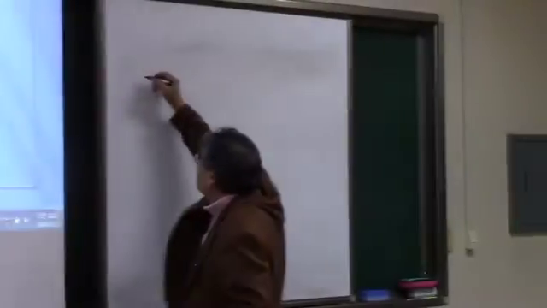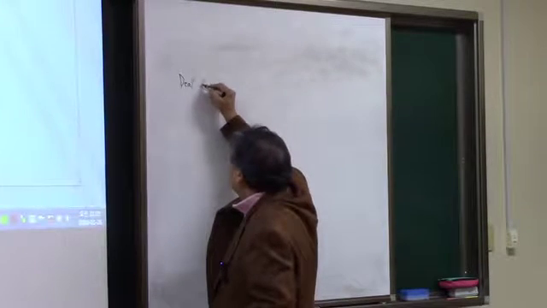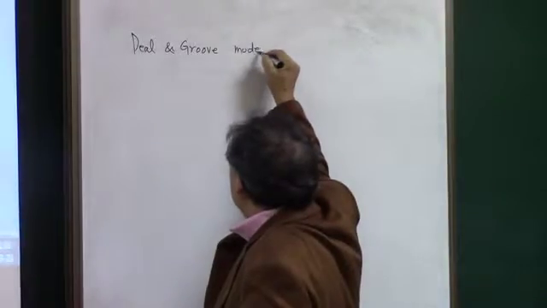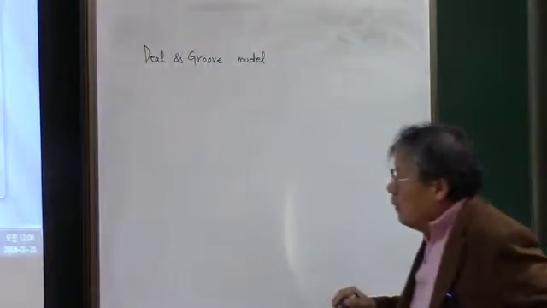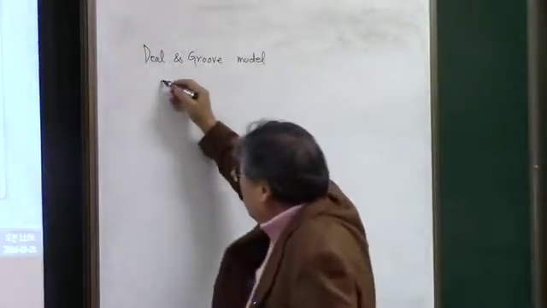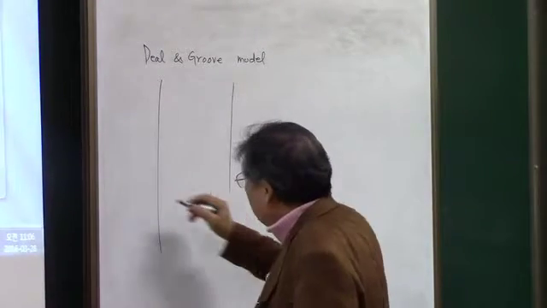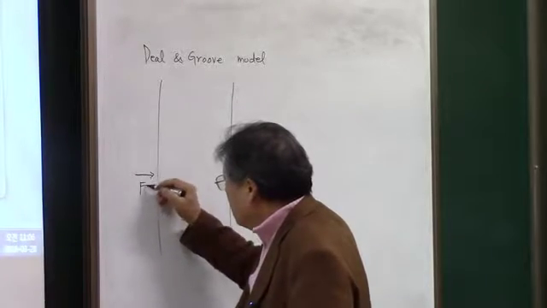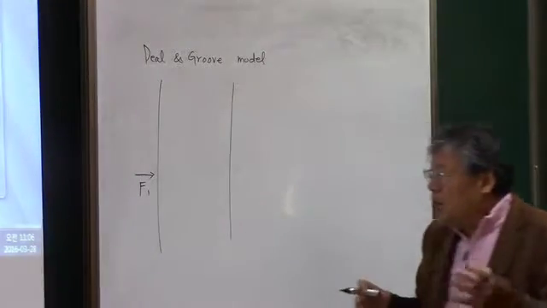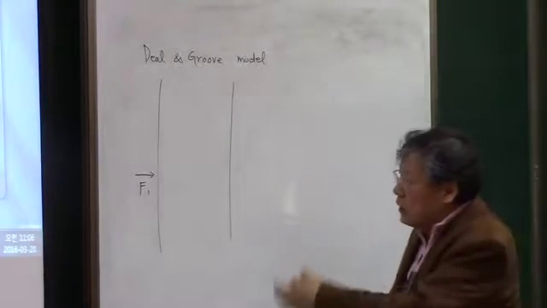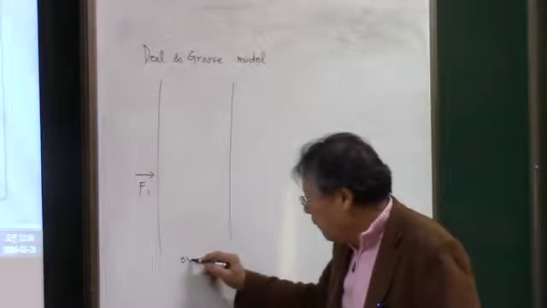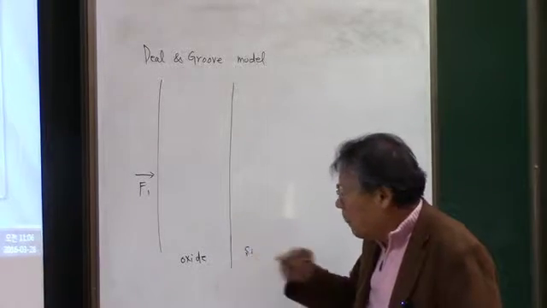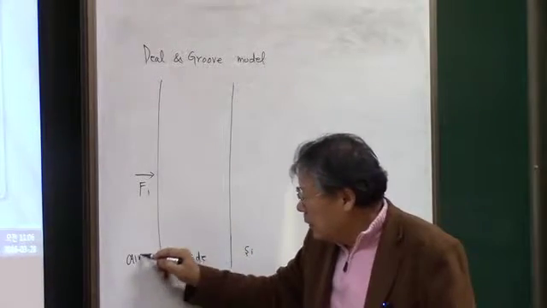In the Deal-Grove model, what we are saying is we have three fluxes. One is the diffusion of oxidant in air to the surface of the oxide, if this is the oxide and this is the silicon, and this is air.